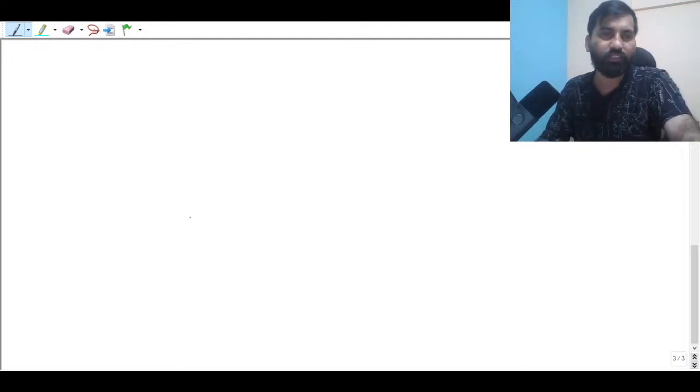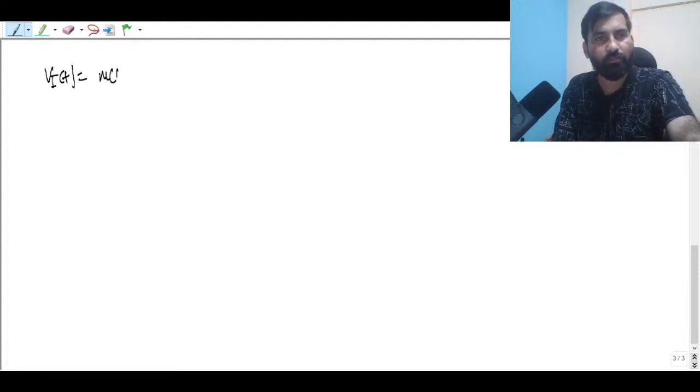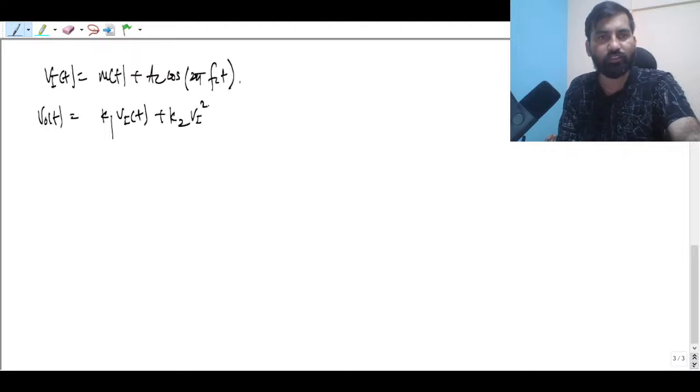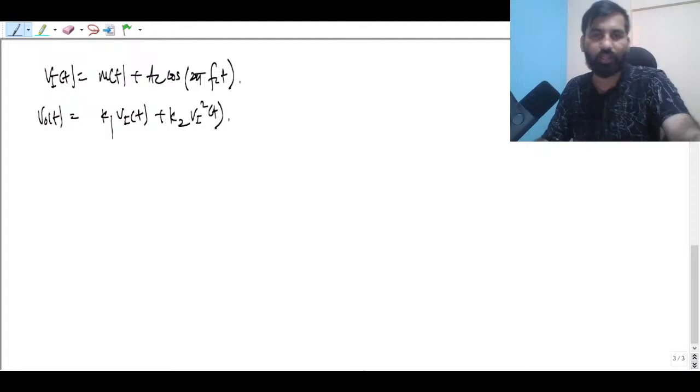So what we can do here is, we know that vi(t) is going to be the message signal plus Ac cos 2 pi fc t. Then what is the output, guys? The output is going to be k1 times vi(t) plus k2 times vi square(t), right? Kind of square law, or non-linear device.